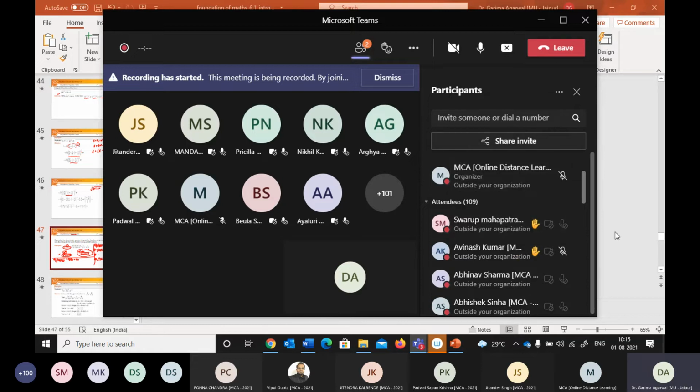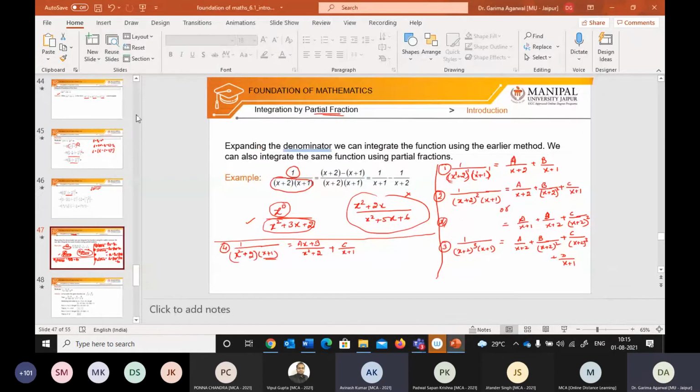Hello. Yes, ma'am, I have a question. How can a quadratic equation be converted into square form? Suppose there is the expression x square plus x plus 1.